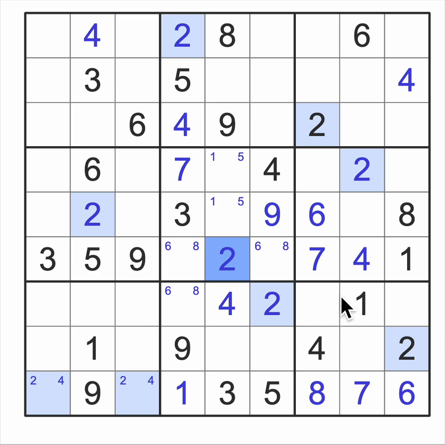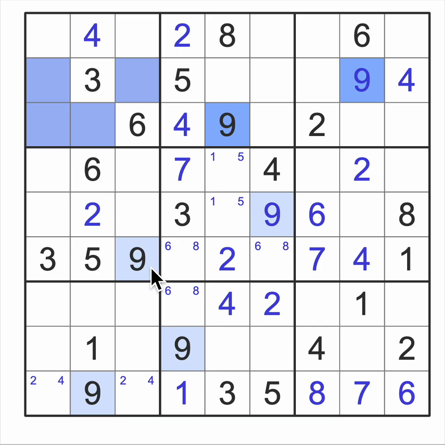Okay. Three. Okay, and column 8, 9 here blocks this cell, 9 here blocks this cell, 9 here blocks this cell, gives me 9 here, which blocks these.